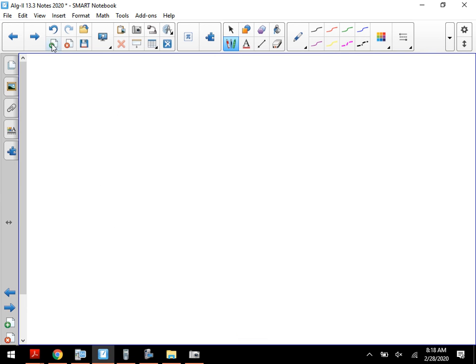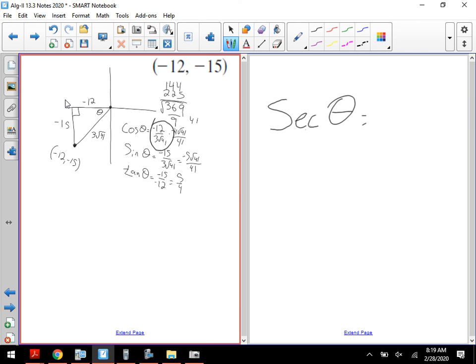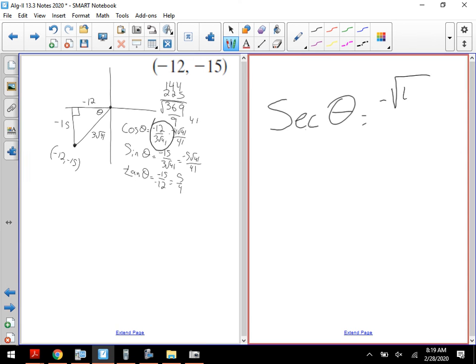Reciprocals. Let me do this real quick. I don't have a lot of space. Now, when I do reciprocal functions, I always go back to the non-rationalized version. That way I don't have to re-rationalize. The non-rationalized version of cosine was negative 12 over 3 root 41. Negative 4 over root 41, would you be okay with that? If I flip that, I just get negative root 41 over 4. Okay?